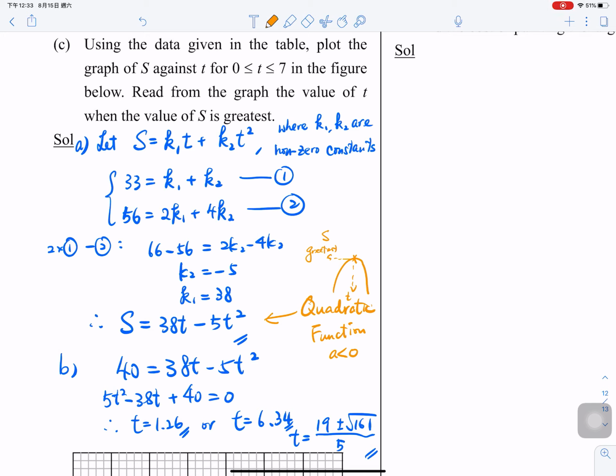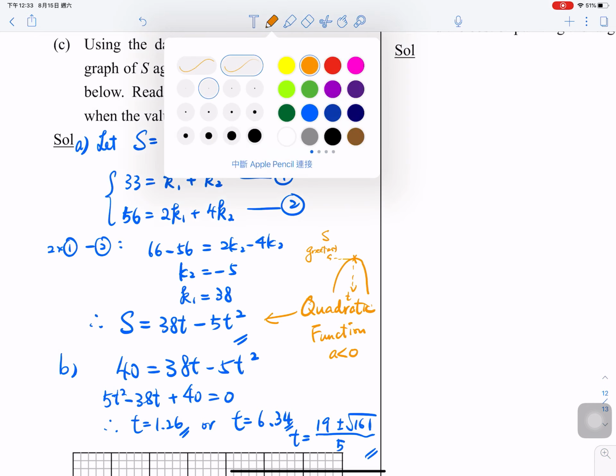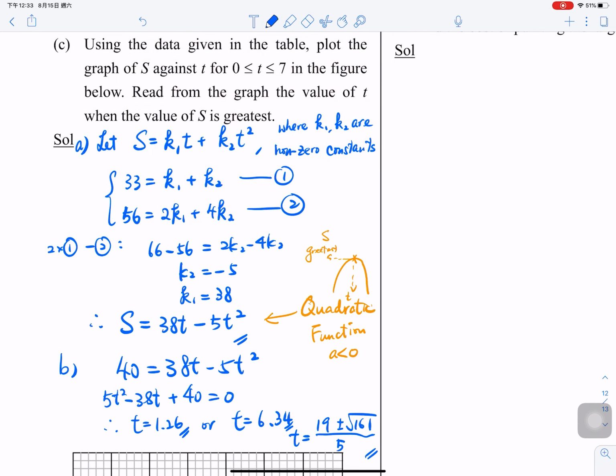Actually, this one asks you to find it from the graph, but you can check your answer by yourself. Do you know why? In the h-k form of a quadratic function, you can find k because k equals negative delta over 4a, right?